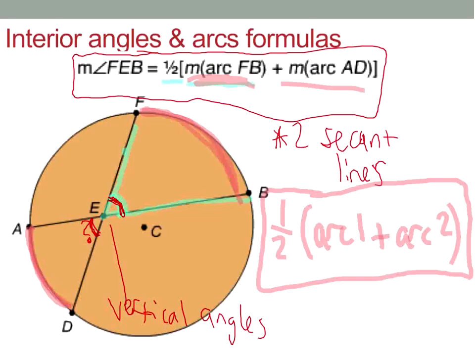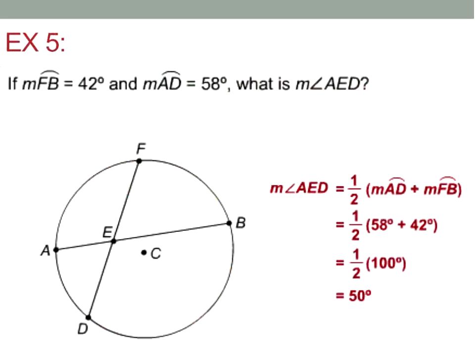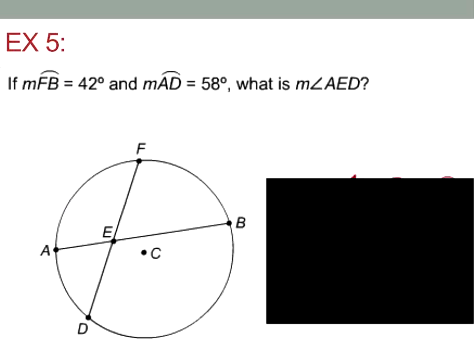All right, let's try an example now. Let's put it to some good use here. So here's my picture. Start by filling in what we know. What arcs are they giving us? What angles are they telling us? What information do we have? Can you add it to your picture?